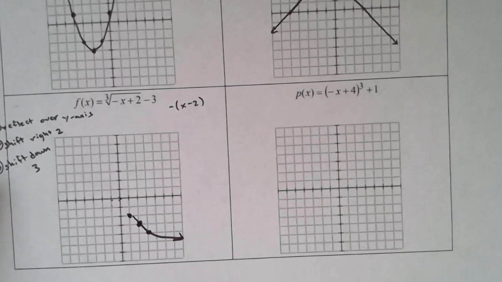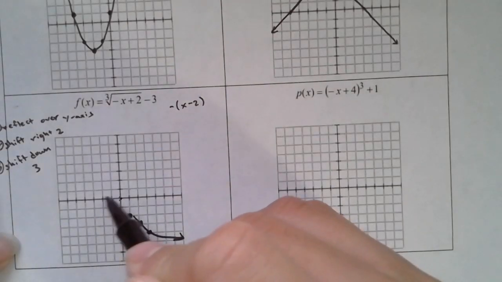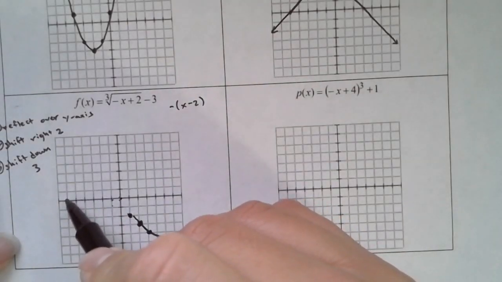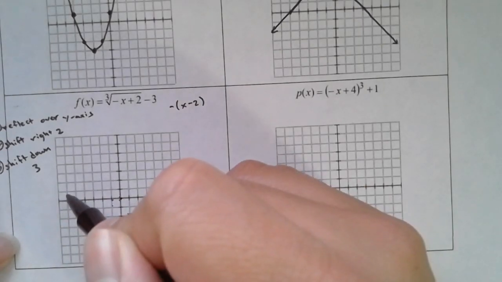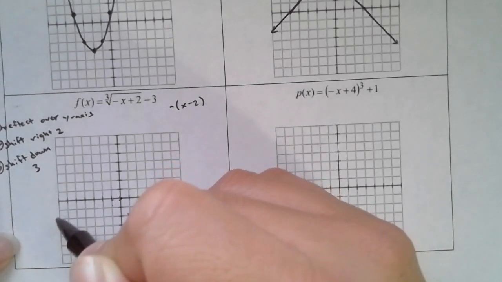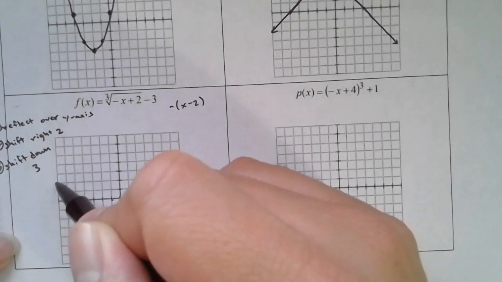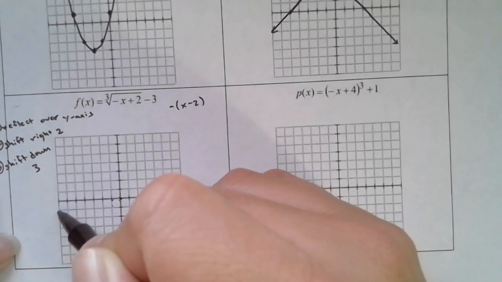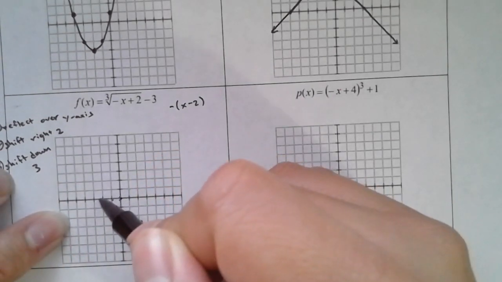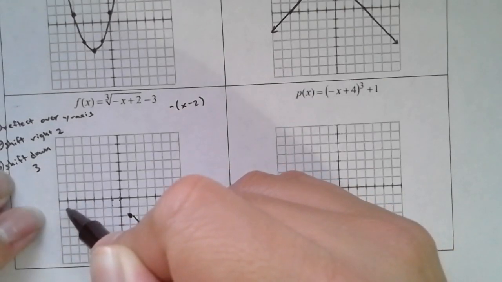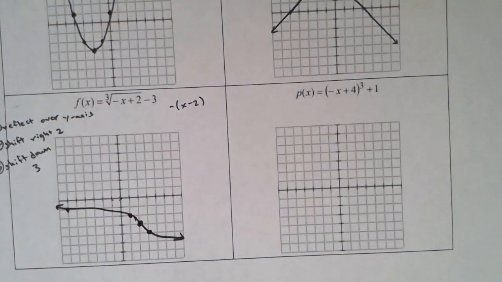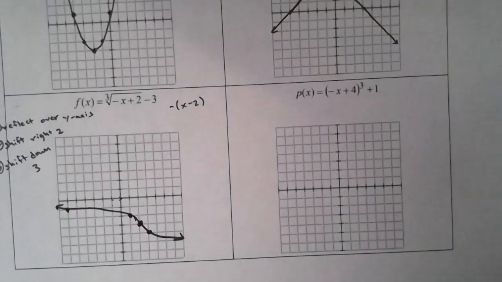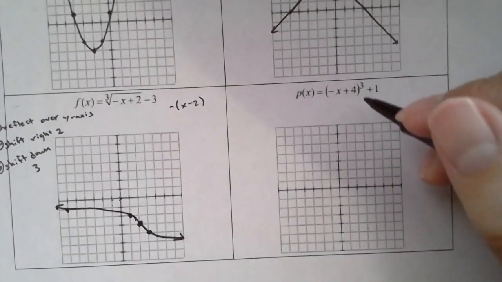So you would shift right 2, you'd be at -6, so 1, 2, 3, 4, 5, 6, and then at -8, you'd be at -2. But then you'd be +2, so you would shift down 3. So it would be like right here. Okay, that's that one.